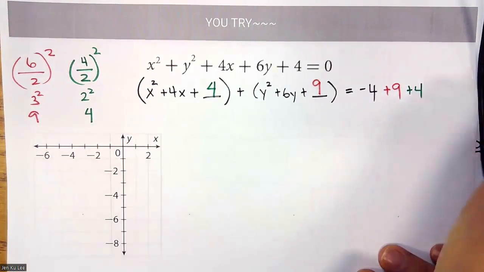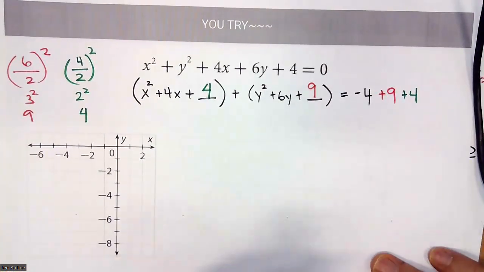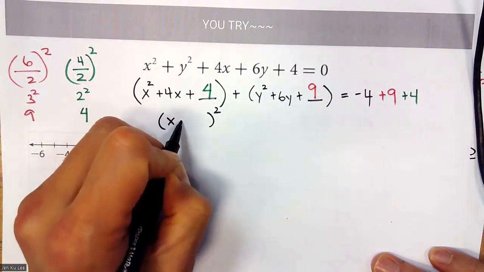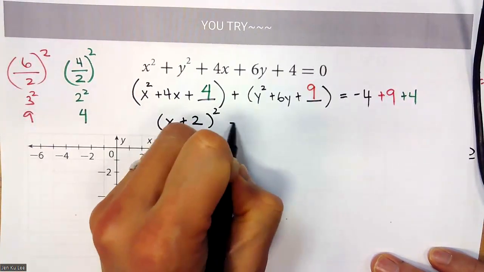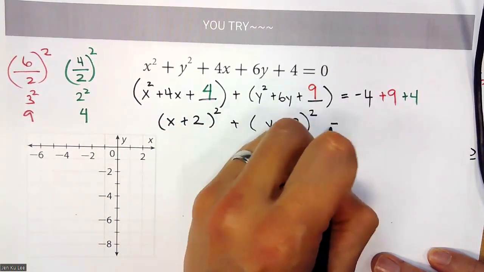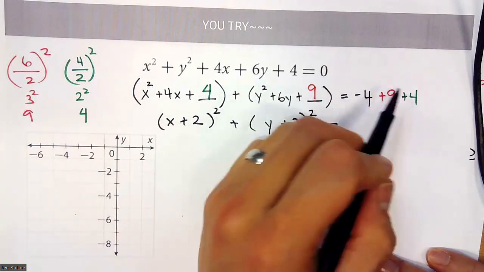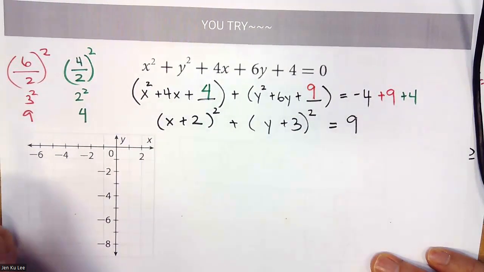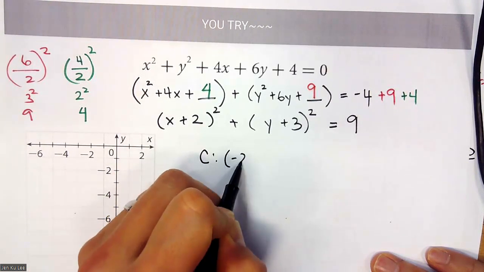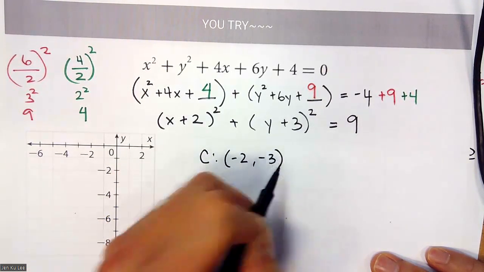So here in my x grouping, we have x plus 2 quantity squared plus y plus 3 quantity squared equals. These 4's would cancel out and leave this with 9. So my center here is at -2 comma -3.